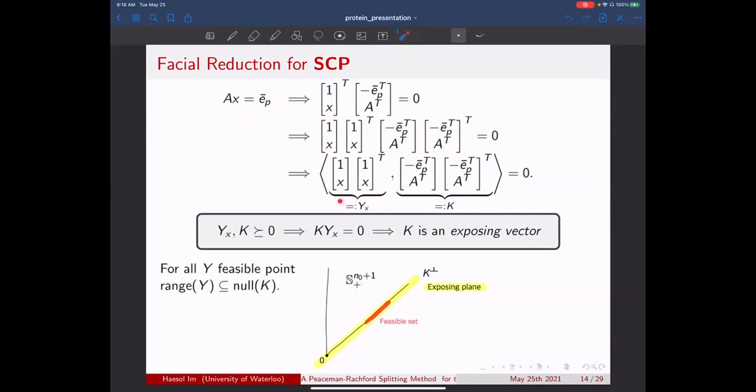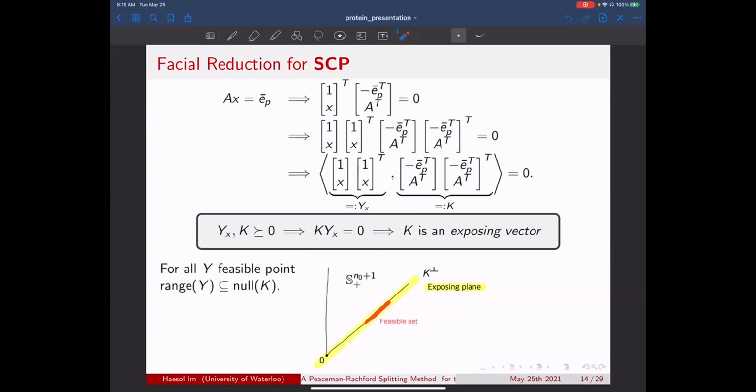And we have already seen this matrix before. This matrix is from the lifting of the binary quadratic problem. And this second argument, which I'm going to call K, is a positive semi-definite matrix because it is a Gram matrix. So when two positive semi-definite matrices yield an inner product that is equal to 0, we can also show that the product of those two is also equal to 0, not just the inner product.